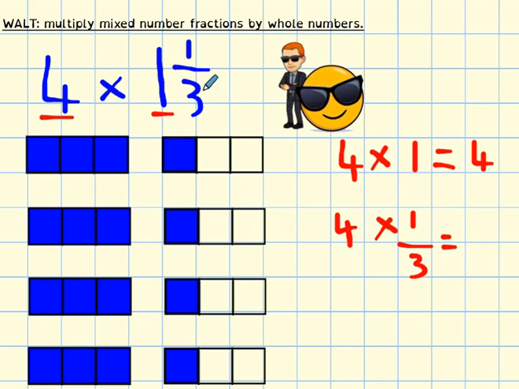This is a similar question that you may have come across on Friday. Whole number times a fraction. If you can remember how to do it, remember we're doing 4 lots of 1/3 here. So it's 1/3 add 1/3 add 1/3 add 1/3. In total, that's 4/3.